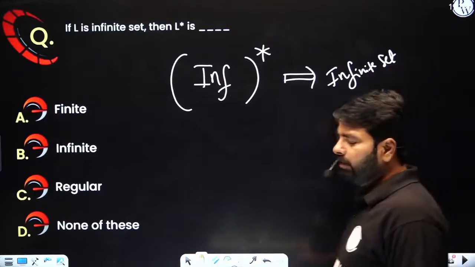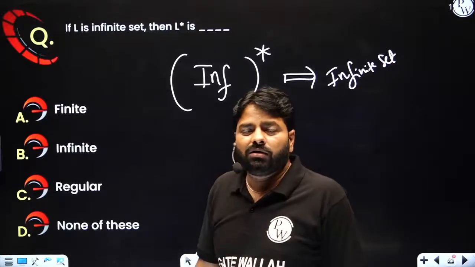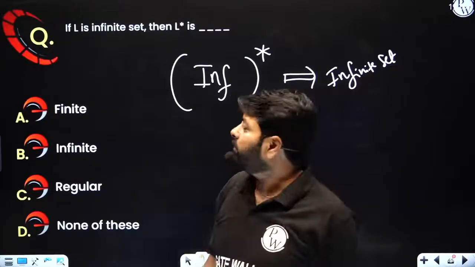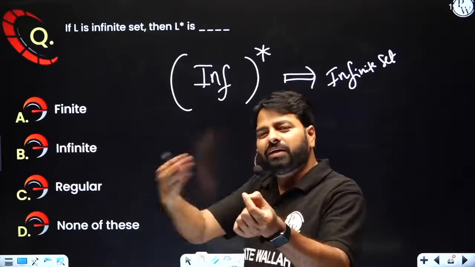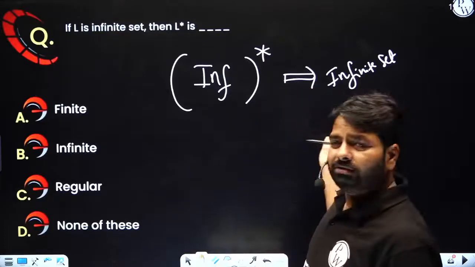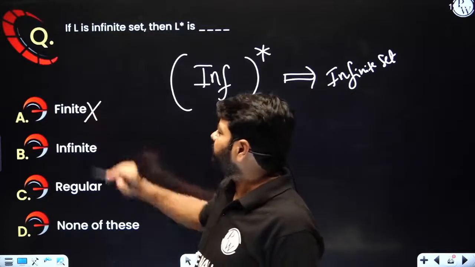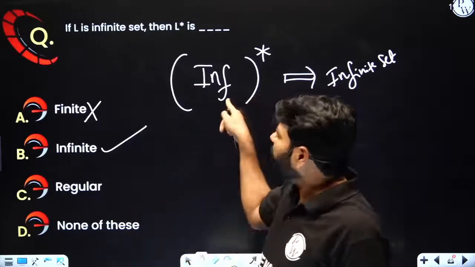As we see, even a finite set was almost giving infinite when we do the Kleene closure, except two situations. But when you take an infinite set, one string would be sufficient to generate the infiniteness by repeating. So it's always infinite. Saying always finite is wrong and infinite is always correct, but regular depends on what infinite language you take.